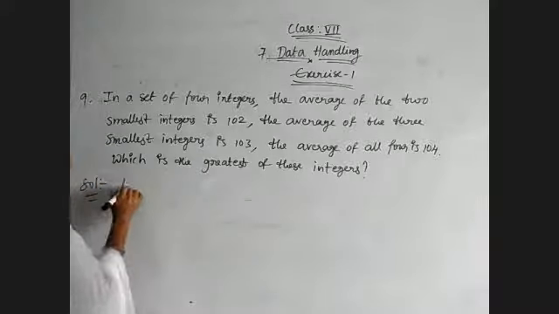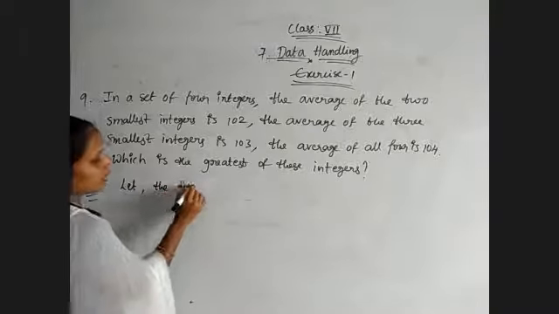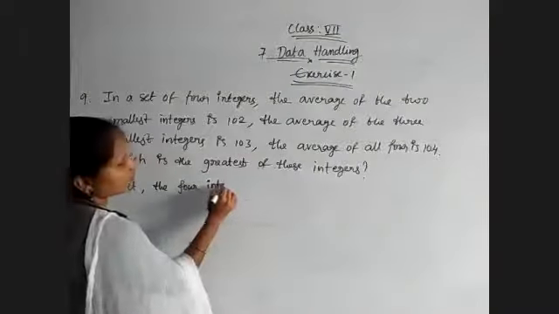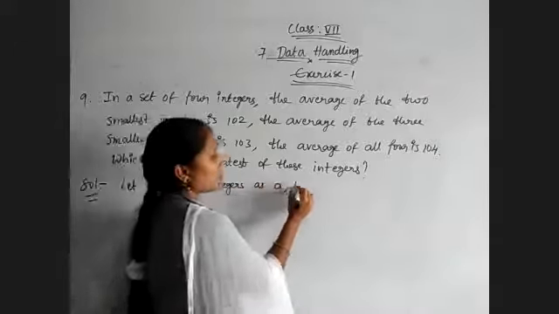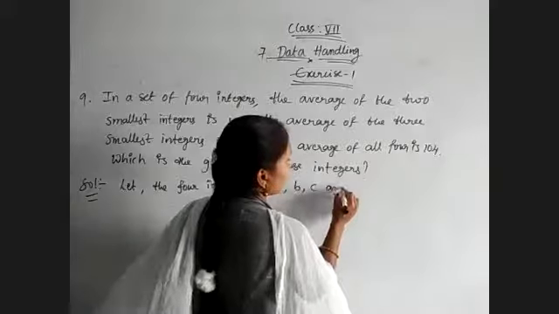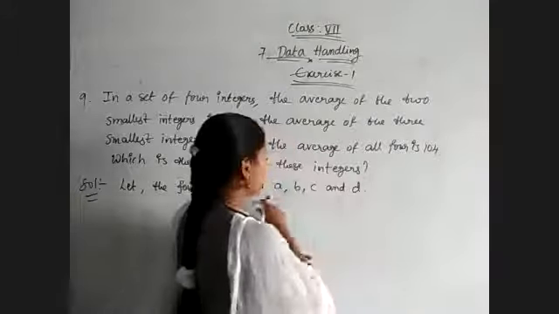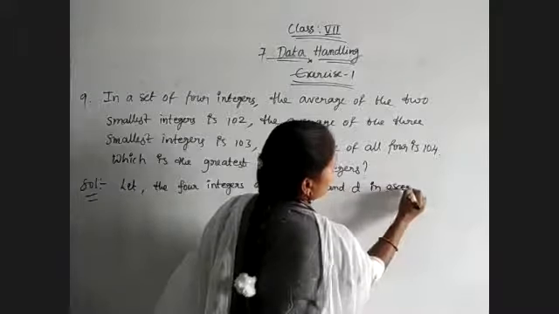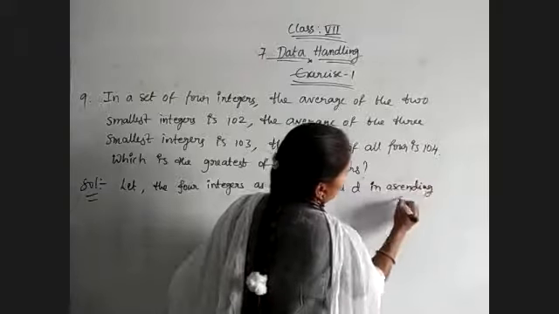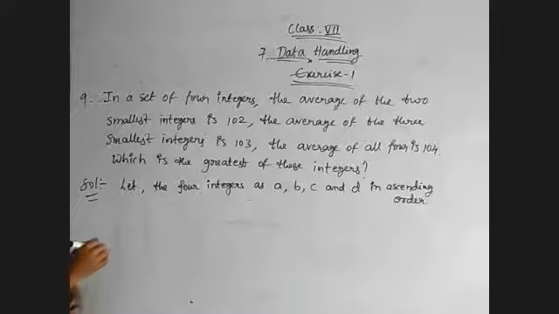So let the four integers be A, B, C and D in ascending order, meaning smallest to biggest, because they have mentioned smaller like that.